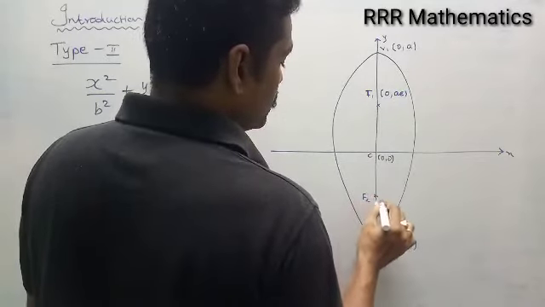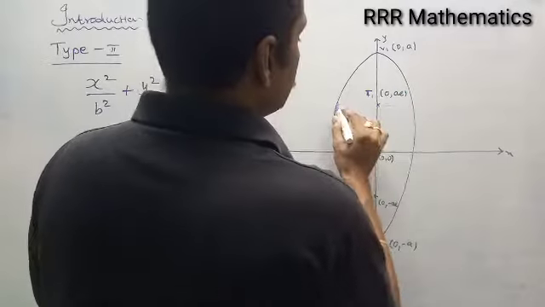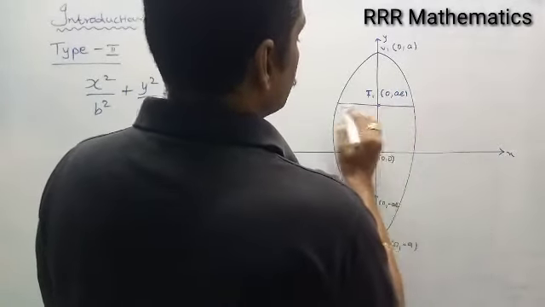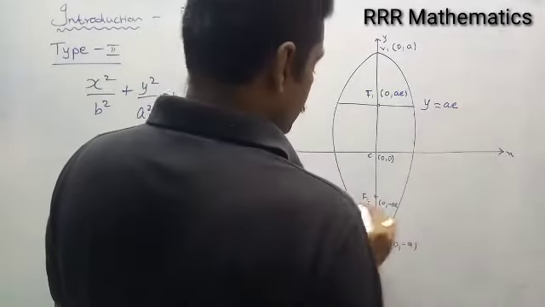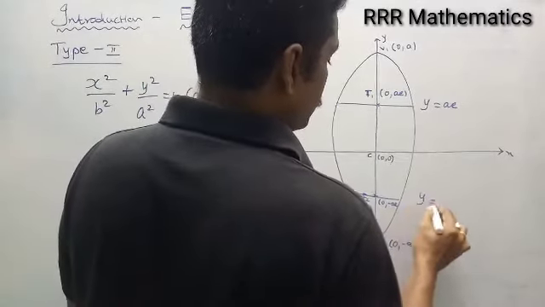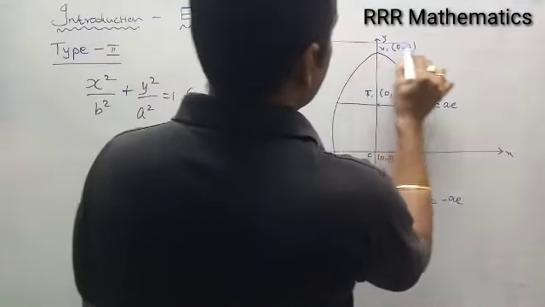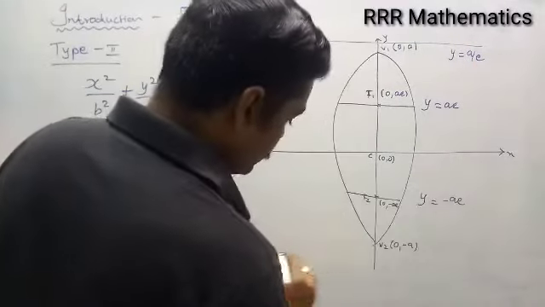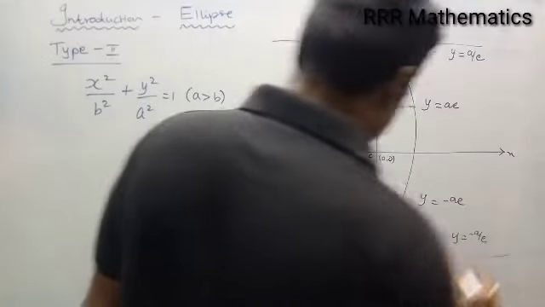Another focus 0, minus ae. And this is latus rectum y equal to ae. This is another latus rectum y equal to minus ae. This is a directrix y equal to a by e. This is another directrix y equal to minus a by e.